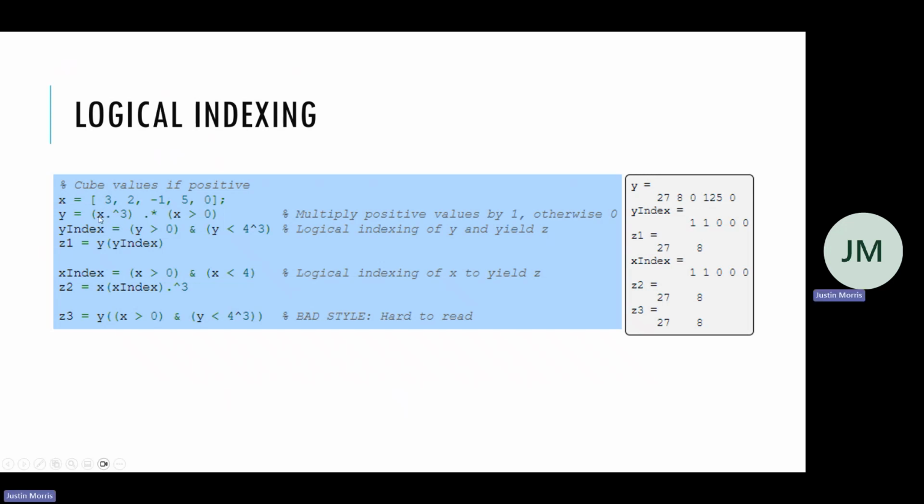What is happening to all of the elements of X? Being raised to the power of 3. Yes, raised to the power of 3. And then what's happening here?